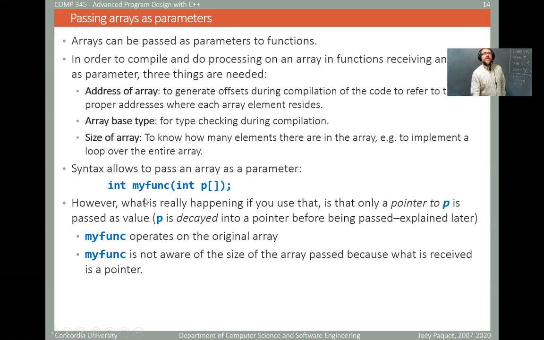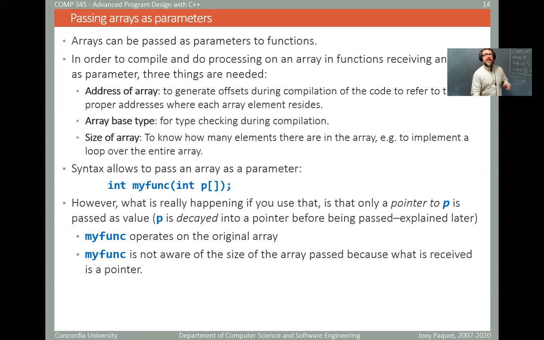So you would literally declare an array of int and then pass it to the function, and the array would undergo an operation called decay, which transforms this array into a pointer, and then this pointer is passed to the function.